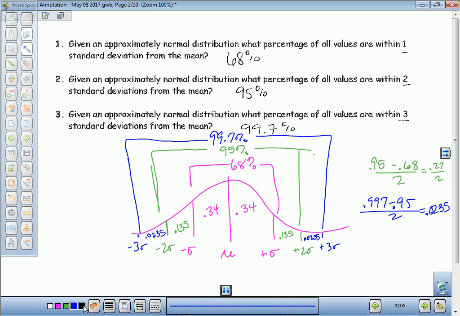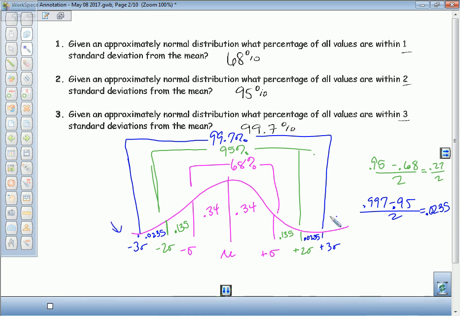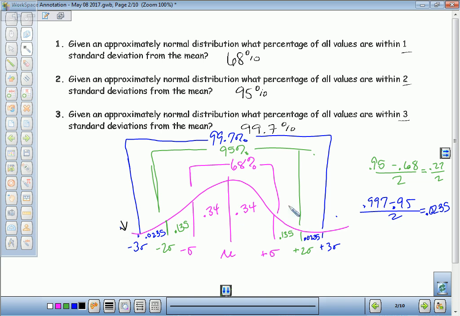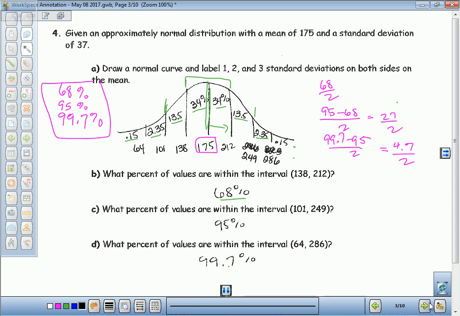Now, outside in these little tails is that other 0.3% of the data. It's where our outliers live. So 0.3% is 0.003. When we divide that by 2, we get this.